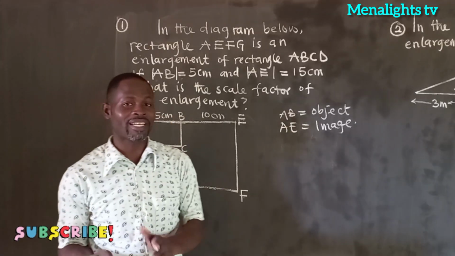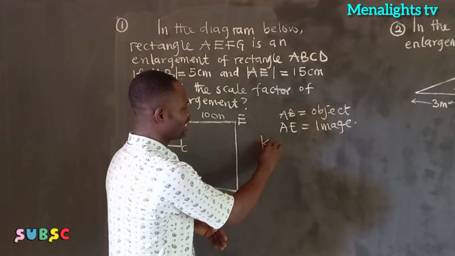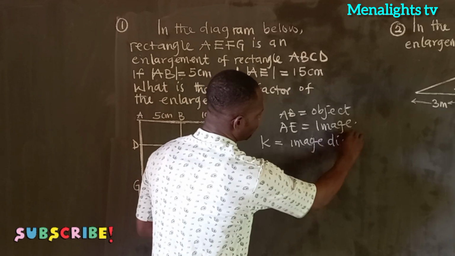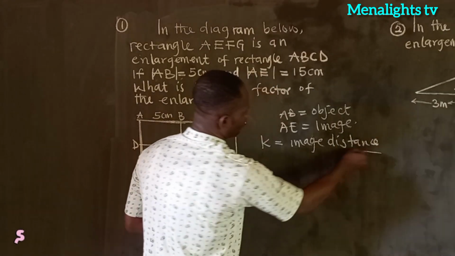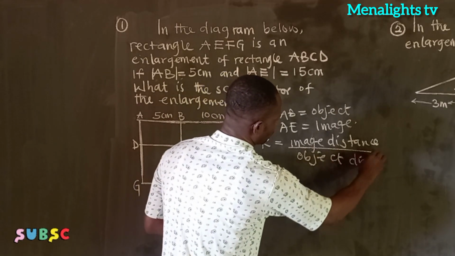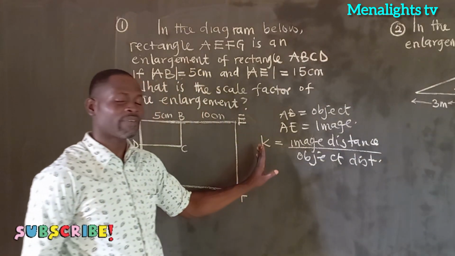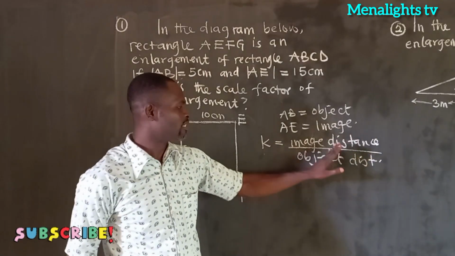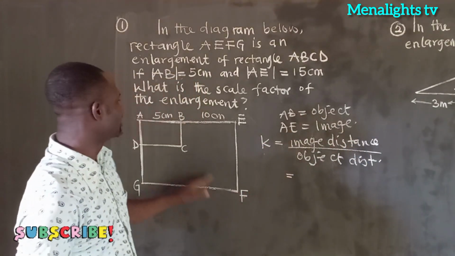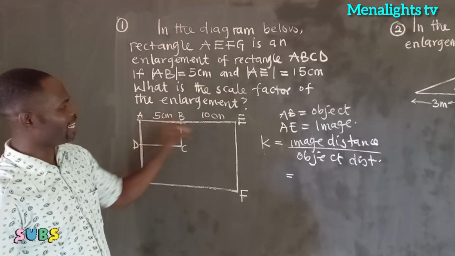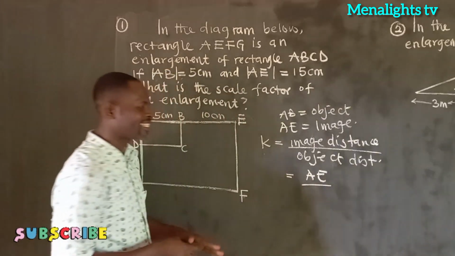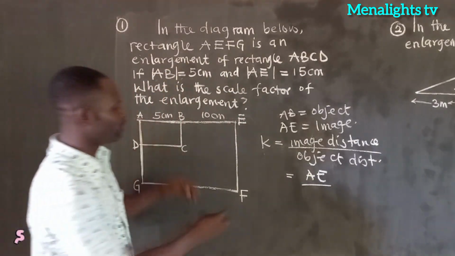So for us to find the scale factor, we know that the scale factor K is equal to the image distance divided by the object distance. The image distance from the question is the AE, over the object distance, which is the AB.